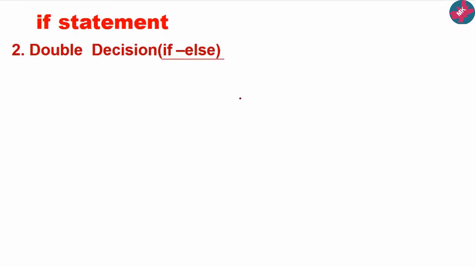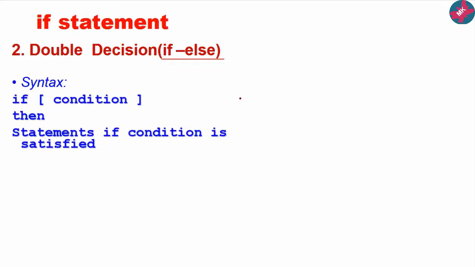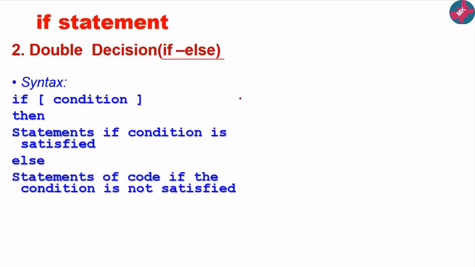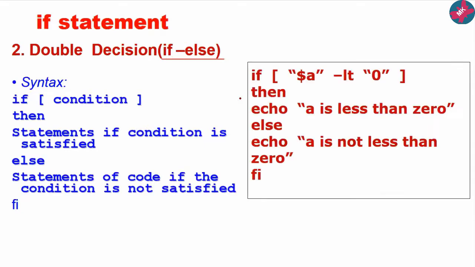Next we will see double decision. In this we will use the if else structure. If something is true, then certain statements will be executed, or else some other statements are executed. So this is the if else structure and it ends with fi. Now let us take one example for this.